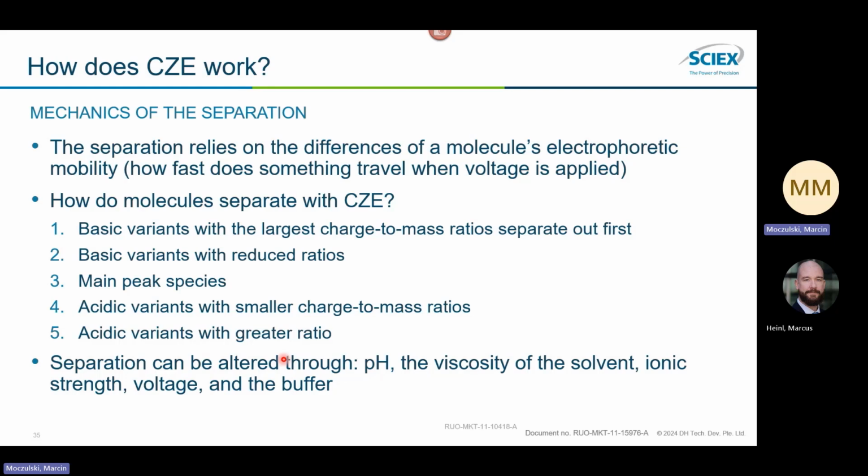Then we have a middle range, and finally we observe separation of molecules with a smaller charge to mass ratio. What is important in this application is that all separated peaks represent positively charged proteins.